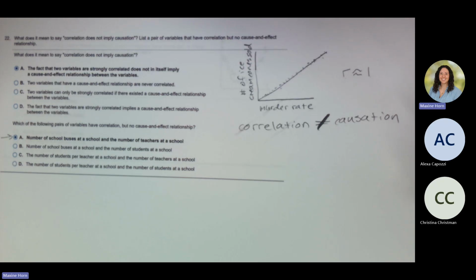And the more students you have at the school, you're going to have more buses. But having more buses doesn't cause you to have more teachers. Having more teachers doesn't cause you to have more buses.